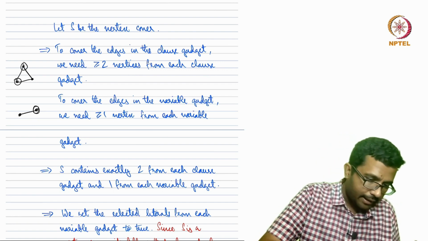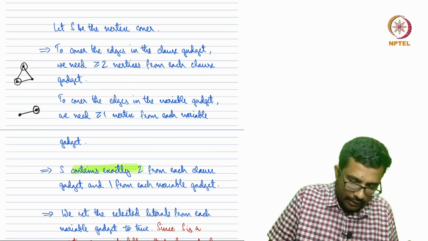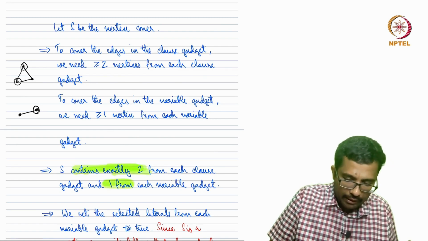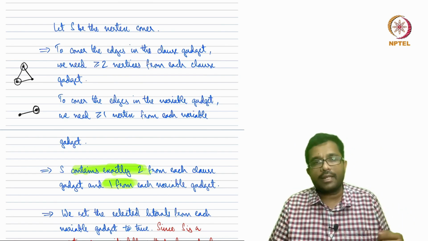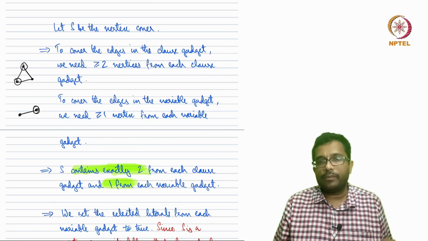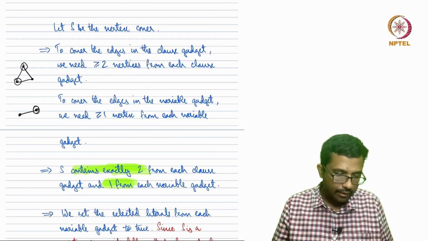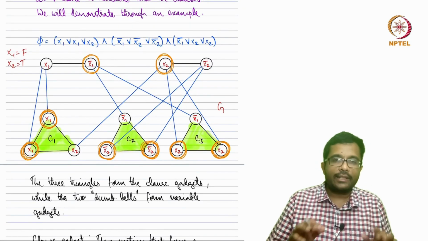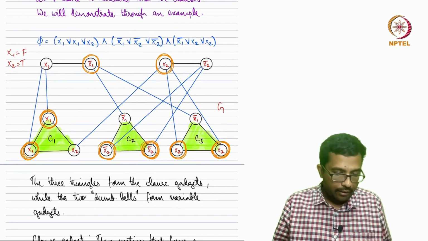So this implies that the vertex cover contains exactly 2 vertices from each clause gadget and exactly 1 vertex from each variable gadget, right?